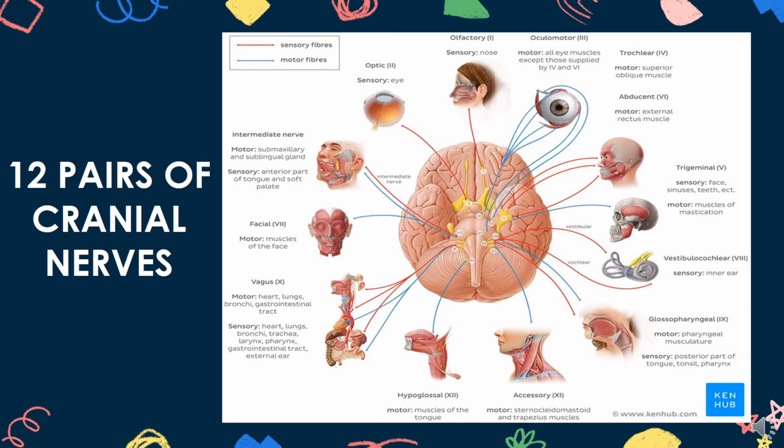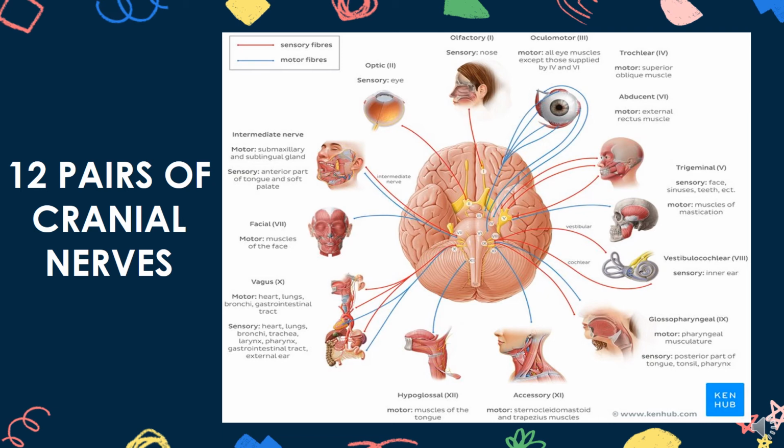The ninth is the glossopharyngeal. Its function is to supply motor fibers to the pharynx or throat that promote swallowing and saliva production. It also carries sensory impulses from the taste buds of the posterior tongue and from pressure receptors of the carotid artery.